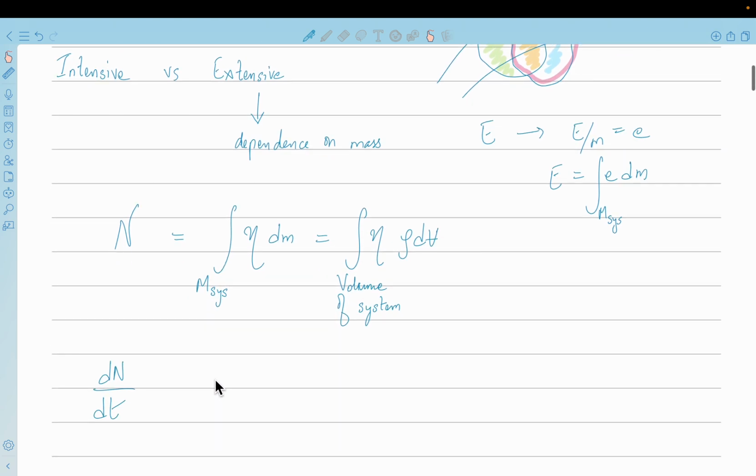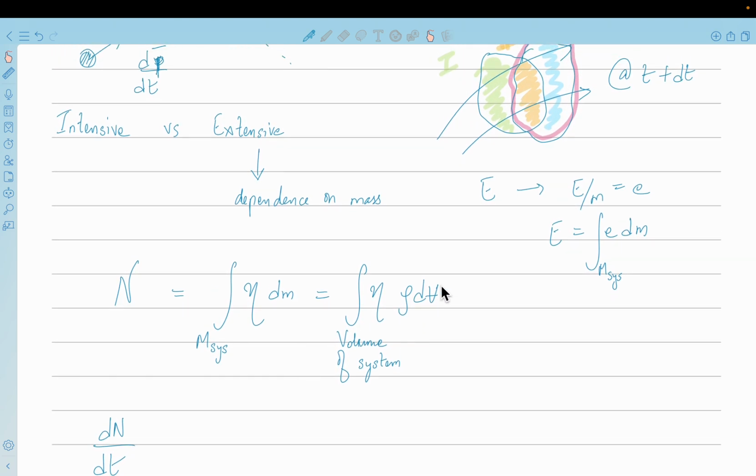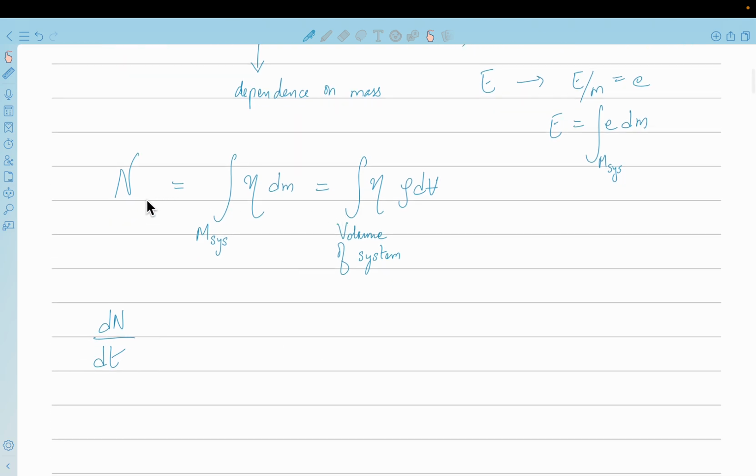But here it is not that simple, because the volume of the object is also changing, and that's why we need to solve in this format. So now the question is, what is d by dt of this quantity N for this system that we have considered?